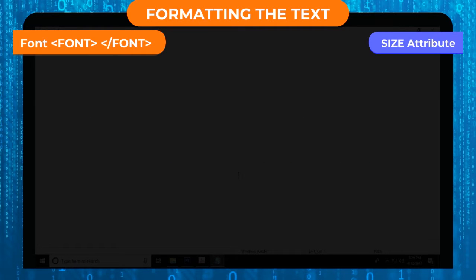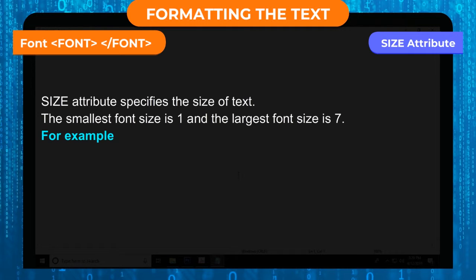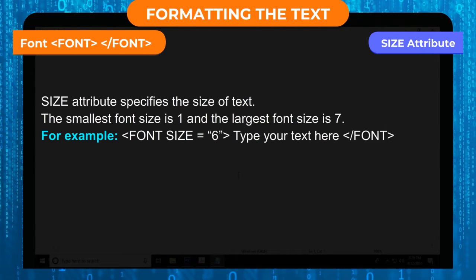Size attribute. Size attribute specifies the size of text. The smallest font size is 1 and the largest font size is 7. For example, font size is equal to double quote 6, type your text here, close tag font.